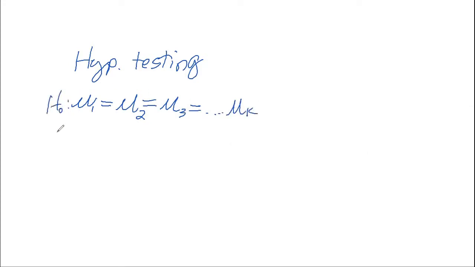The null hypothesis is that all the means are the same. The alternative hypothesis is that any group does not equal some other group.